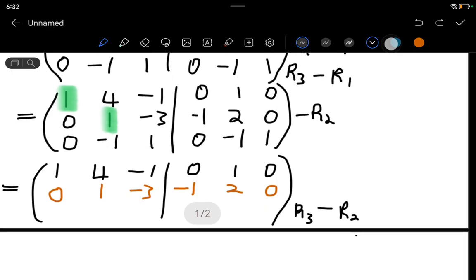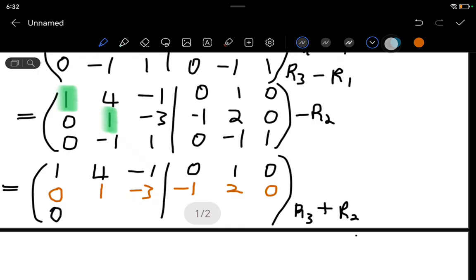Then I ask myself, what is the constant of row 3? It's minus 1. Constant of row 2, it's 1. I'm going to take this constant, give it to row 2. Take this constant, give it to row 3. So this is going to become plus 1 if I take that constant. So this will just be row 3 plus row 2. You see, right? 0 plus 0 will give us a 0.